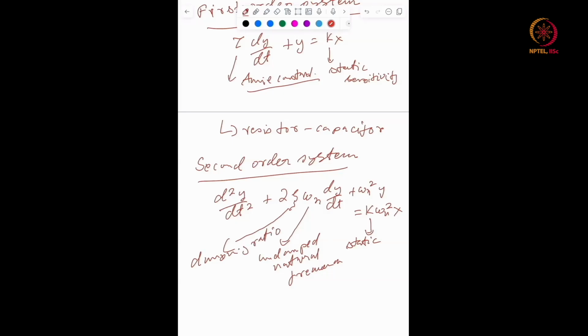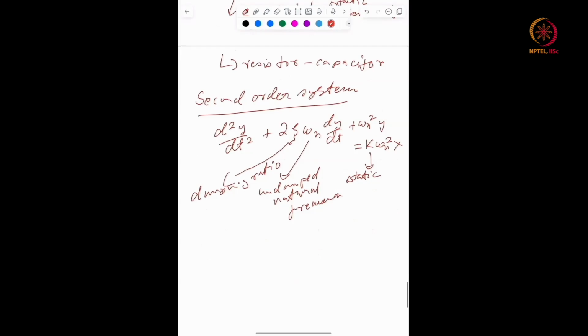Okay. So this second order system is called undamped when zeta is equal to 0, and it is called underdamped when zeta is between 0 and 1, and then the last one is critically damped.